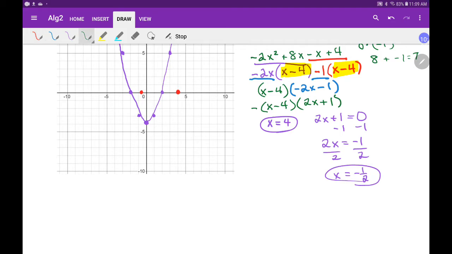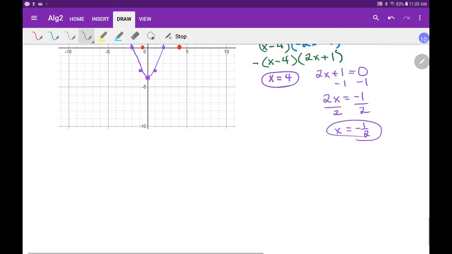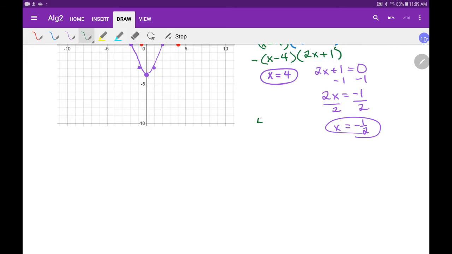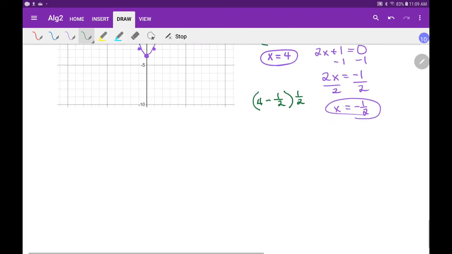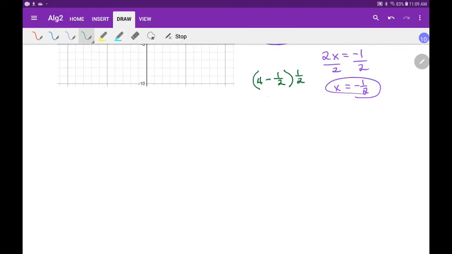I want the average of these because I want the axis of symmetry. So I'm going to say 4 minus 1/2, and I want the average, so I'm going to divide by 2, so I'm going to multiply by 1/2. You say, well, I don't like the look of that because that's fractions. Well, I understand. 8 over 2 is the same thing as 4. We get a common denominator of 2.